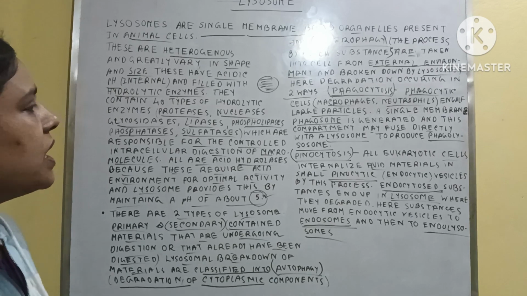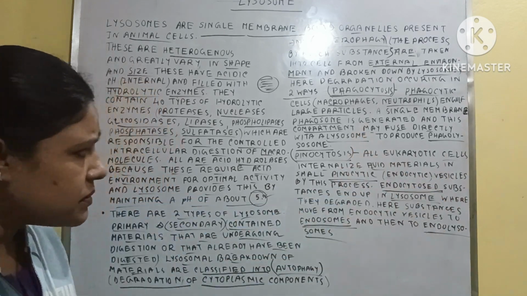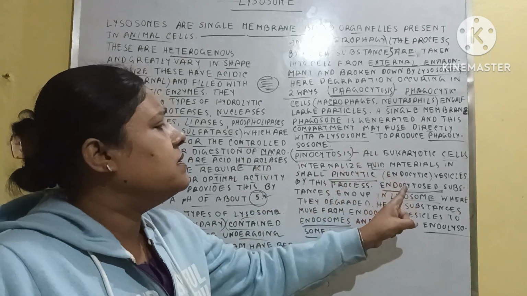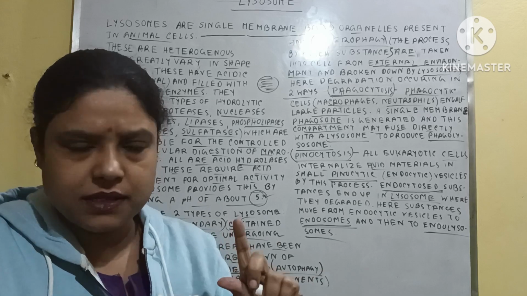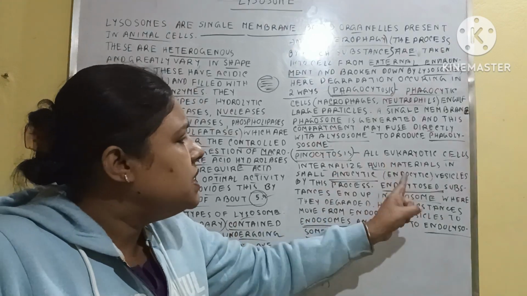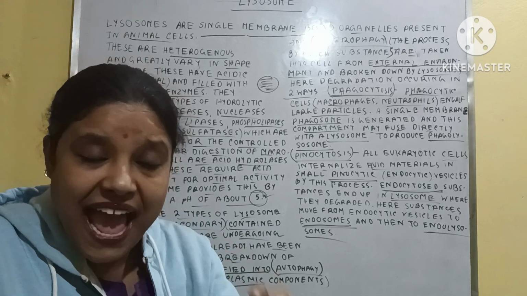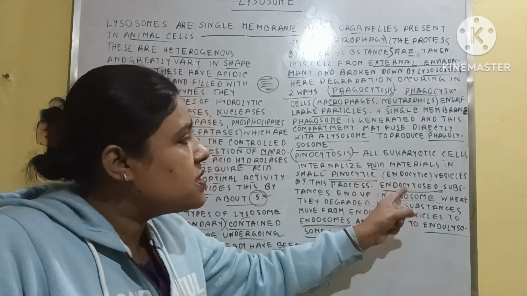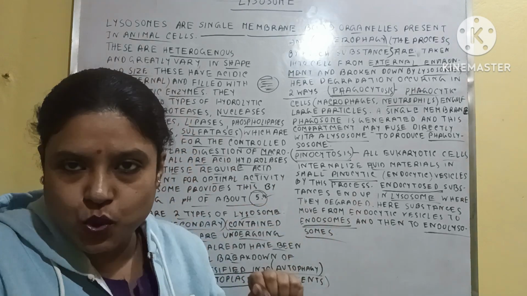I repeat again. First, the endocytic vesicles contain the fluid particles. Clear? These are now called endocytosed substances, and the endocytosed substances present within the vesicle are called the endosomes.